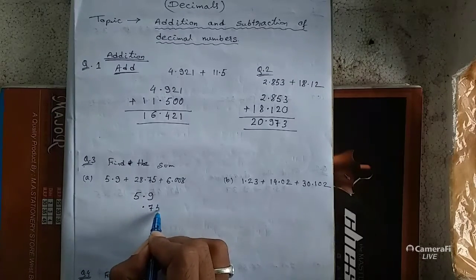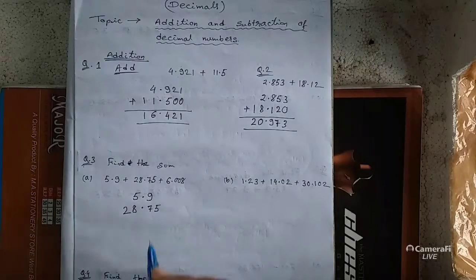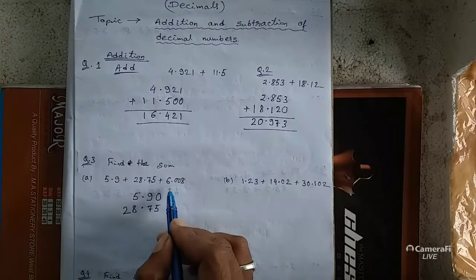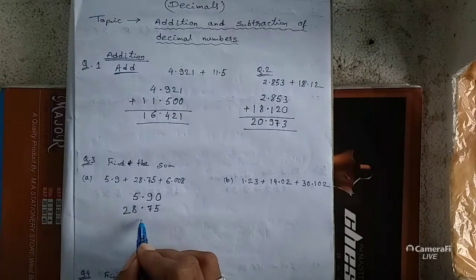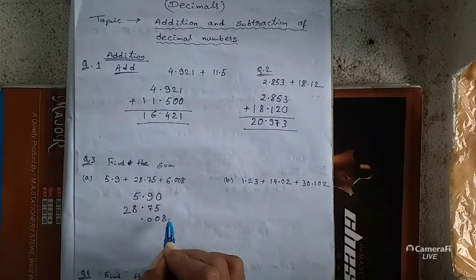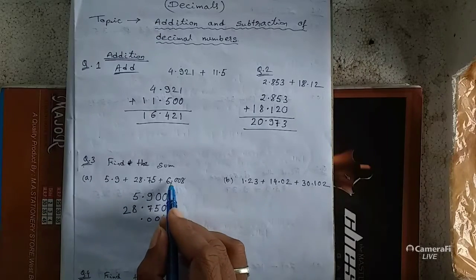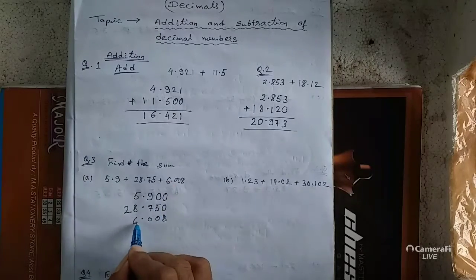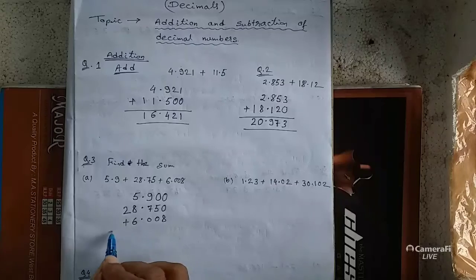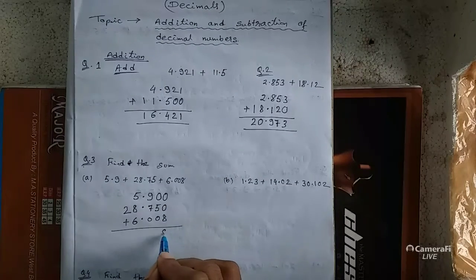Here 7, here 5, 8, 2. Vacant place here 0. Third number 6.008, point at the place of the point, 008. Vacant place is 0. Here also 0. 6 is on the left side of the decimal.